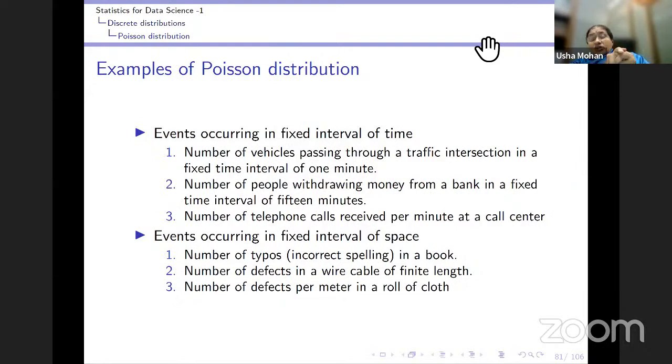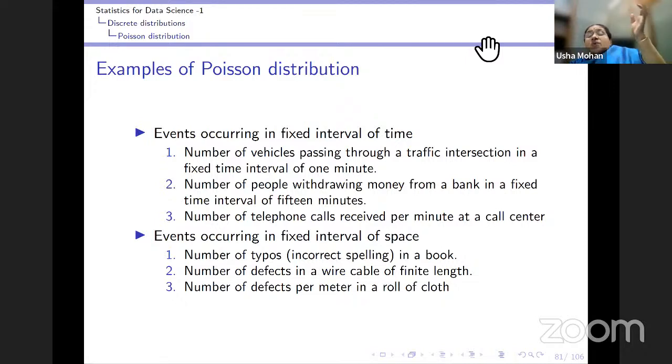Poisson, if you refer to the lectures, we have derived the Poisson probability mass function as an approximation of the binomial distribution. Now, why is it an approximation? If you look at the number of typos in a book, I can look at the number of typos in 10,000 words or 1 lakh words.